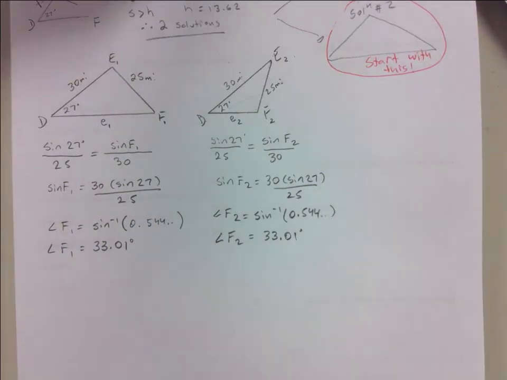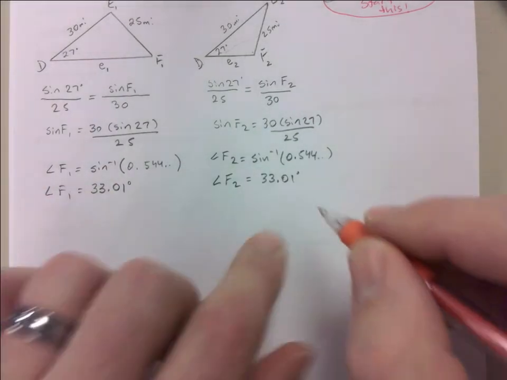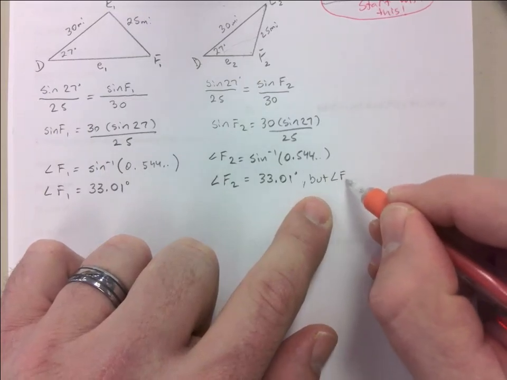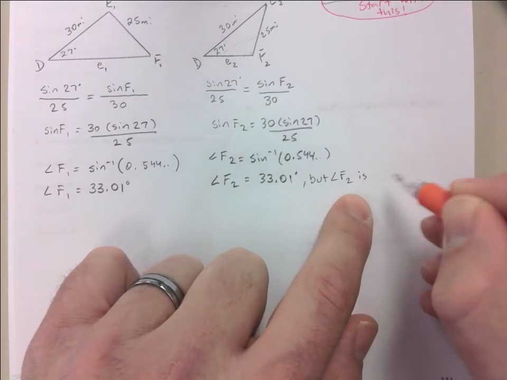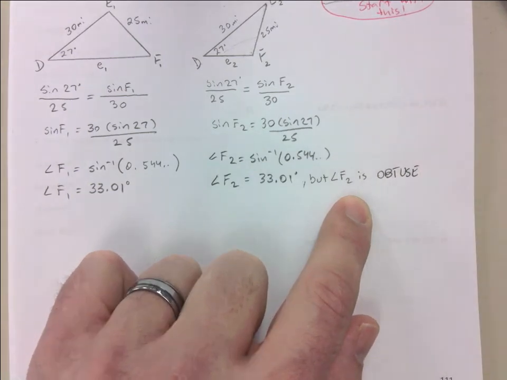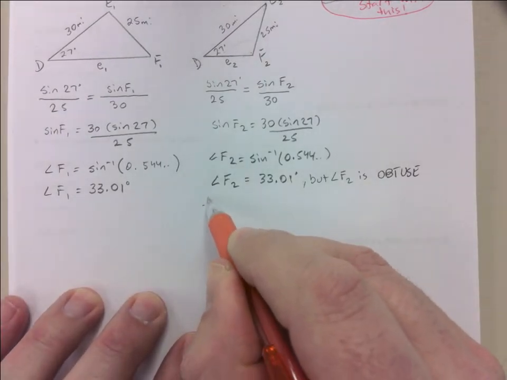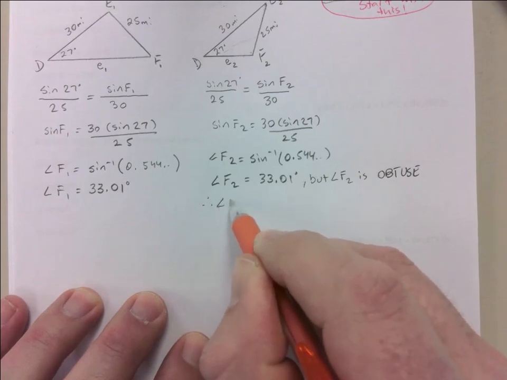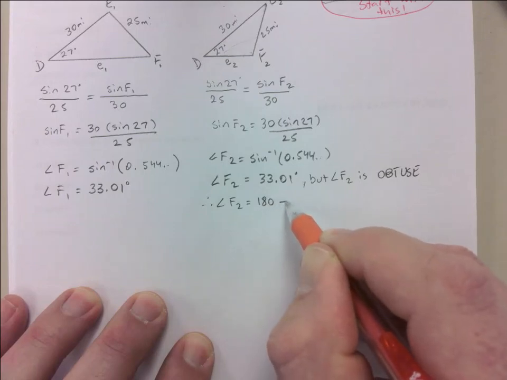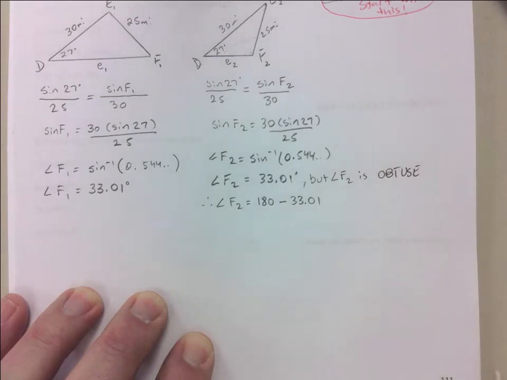That can't be. Okay? We'll say, but angle F2 is obtuse. Therefore, angle F2 is going to be 180 minus 33.01.